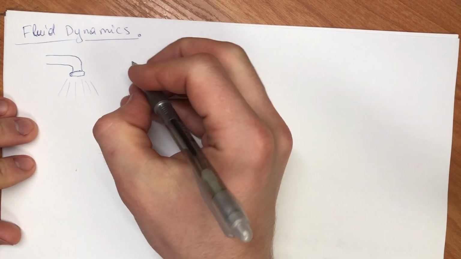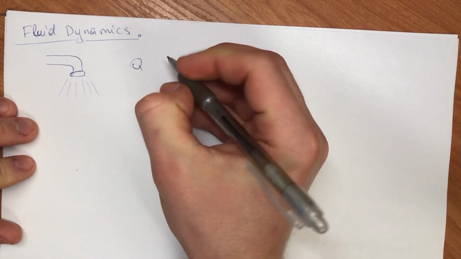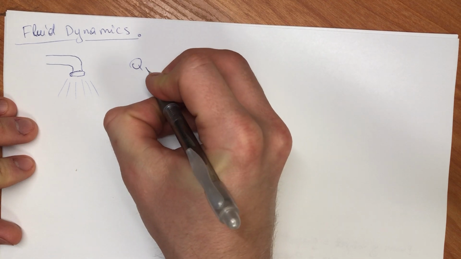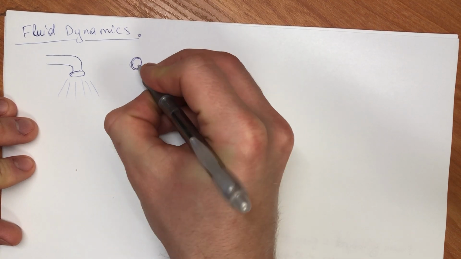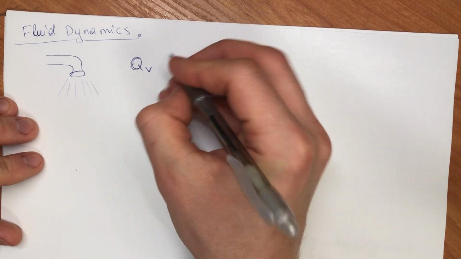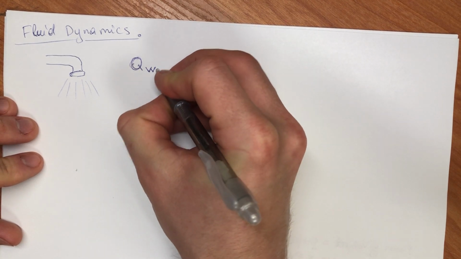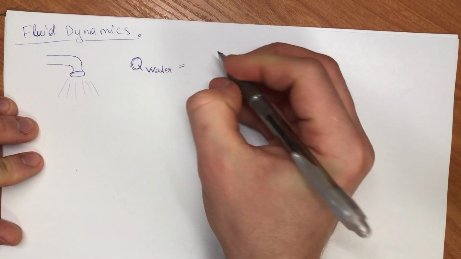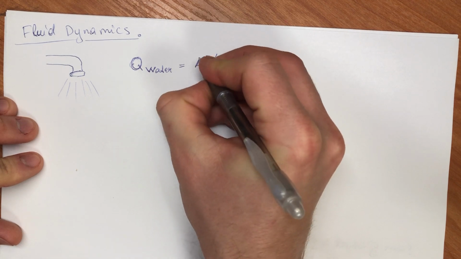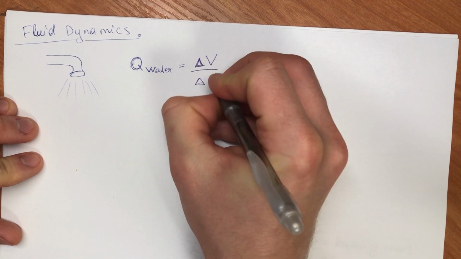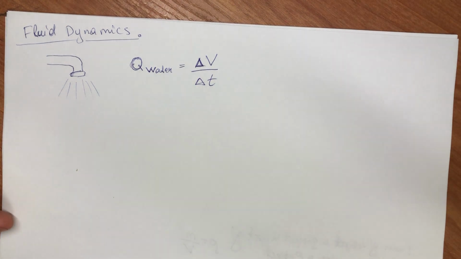So the rate of the water, capital Q of water, can be measured by the change in volume divided by the change in time that it occurs.